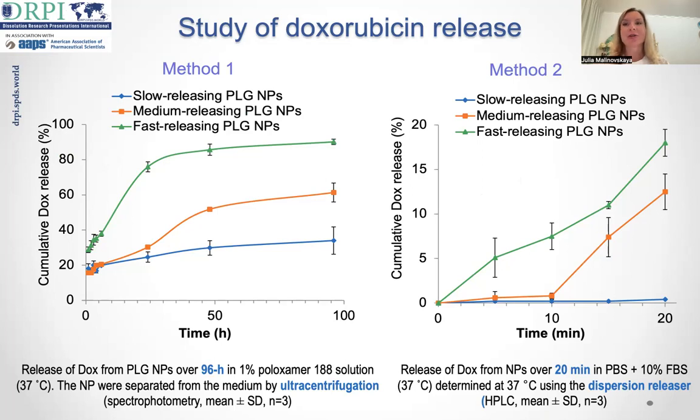The amount of the released doxorubicin was quantified using HPLC. Both techniques indicated a considerable burst release for fast-releasing formulation, the green line on the first and the second graph, while a prolonged release phase and lowered burst effect was observed for the medium release and slow releasing nanoparticle systems.